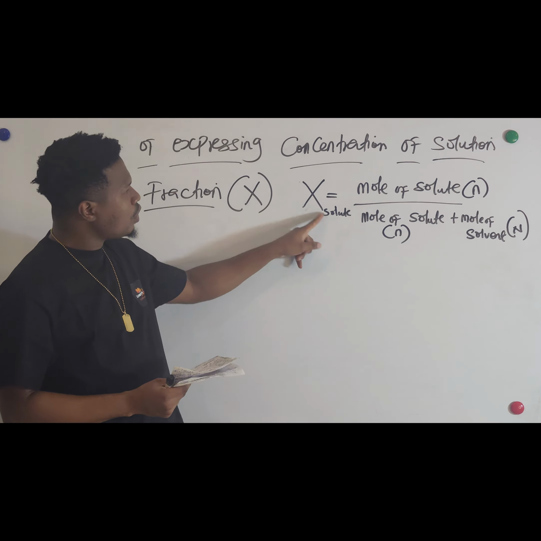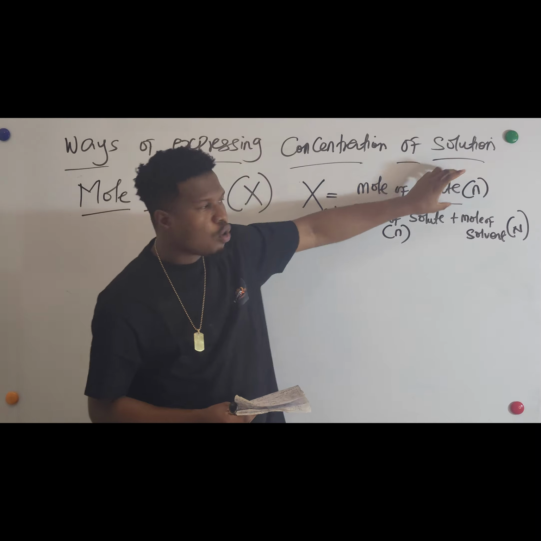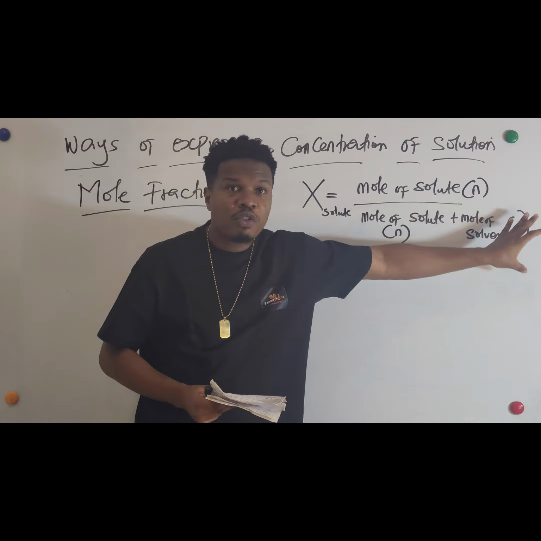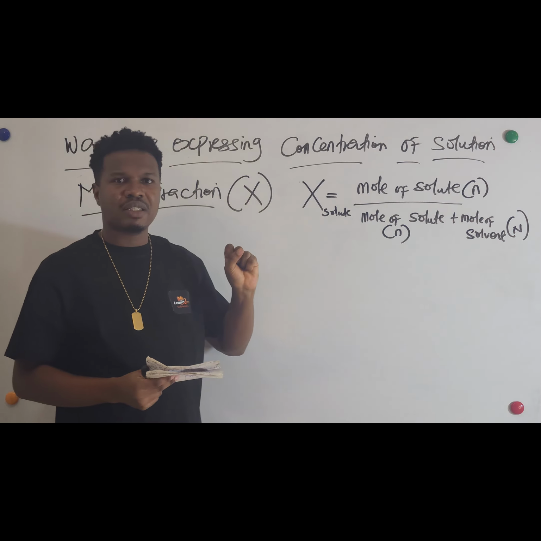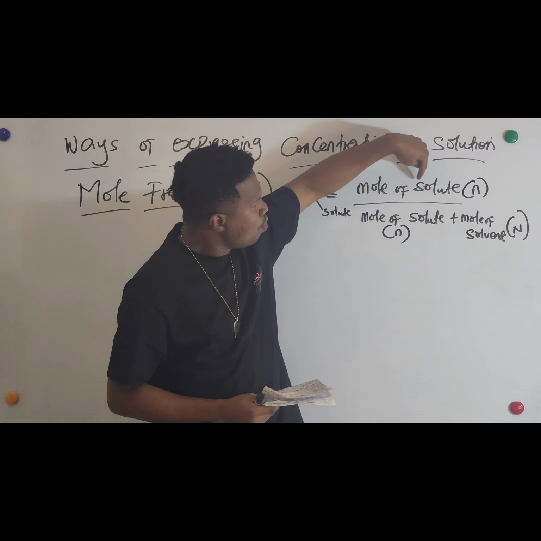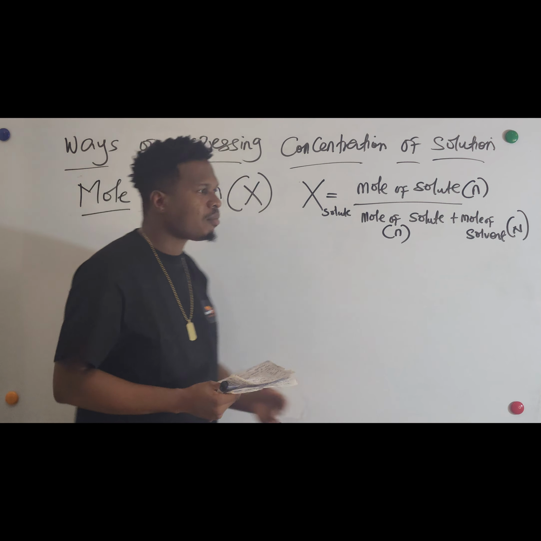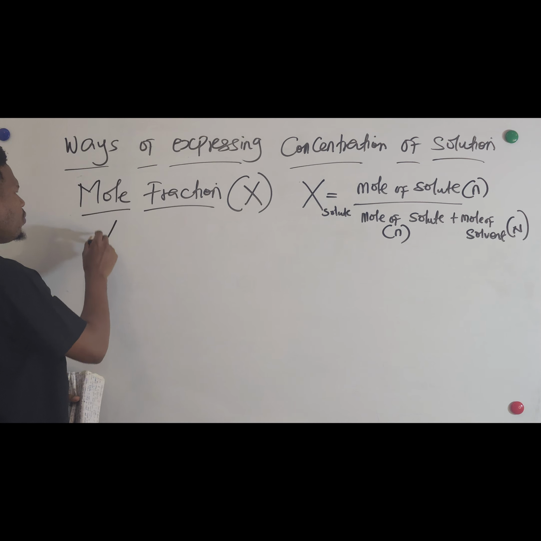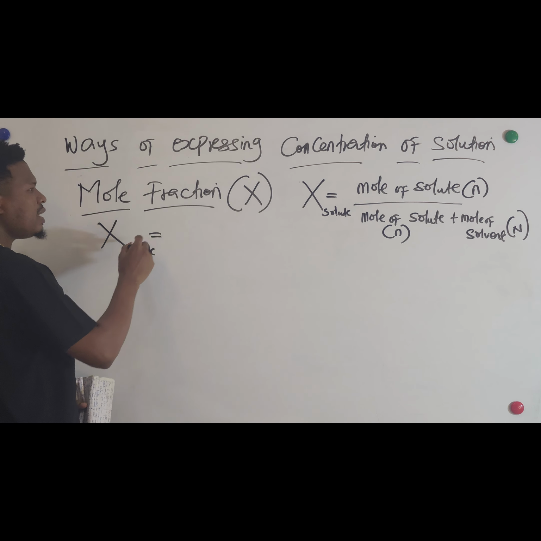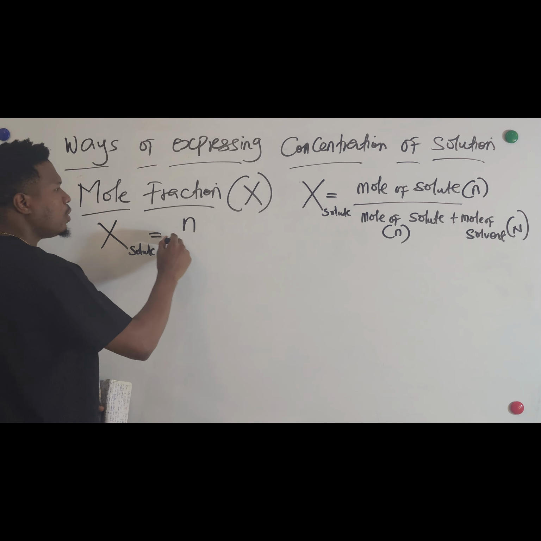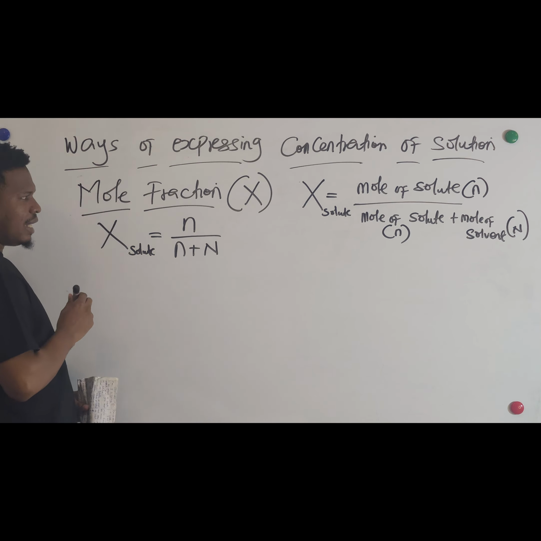So mole fraction of solute is the number of mole of the solute in question over the total mole of the solution, including the mole of the solute and the mole of the solvent. Now please, let's denote mole of solute as small n and mole of solvent as capital N. Automatically, mole fraction of solute is equal to small n over small n plus capital N. How did I get this?